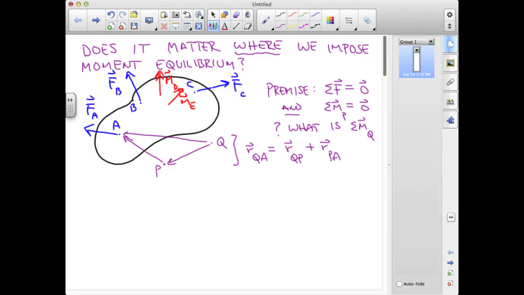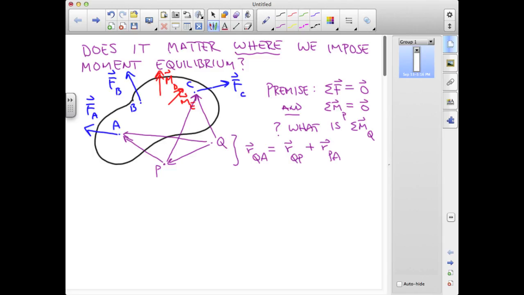I won't draw too many more of these because the figure is going to get awfully busy again. But for instance, I could say the relative position vector from Q to C is equal to the relative position vector from Q to P plus the relative position vector from P to C.